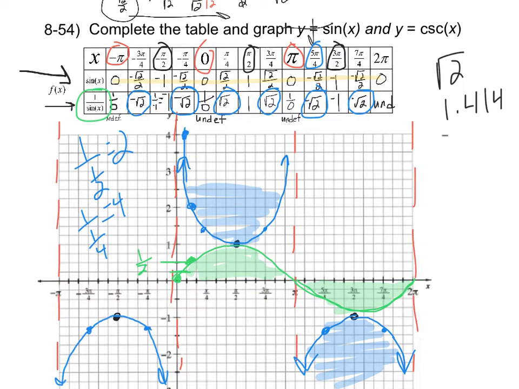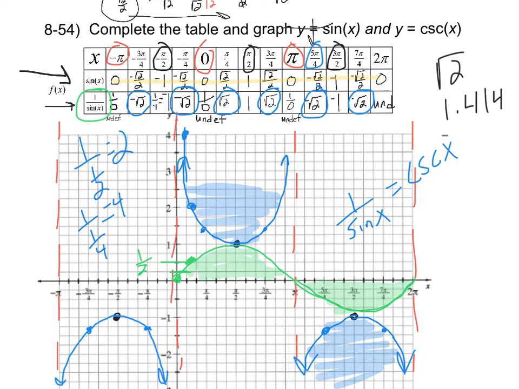But we also know from the definitions on the previous page that 1 over the sine of x is the same as the cosecant of x.